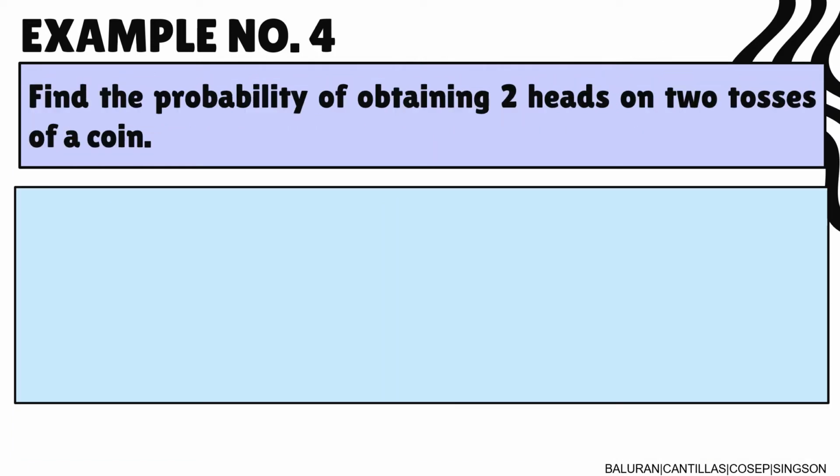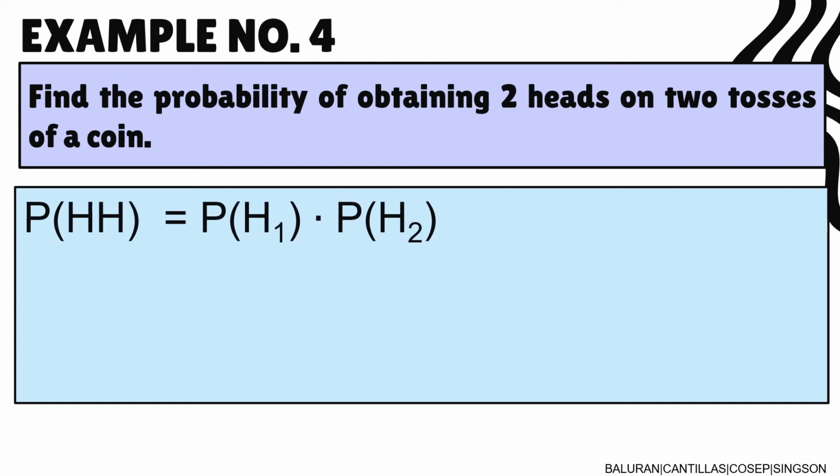Example number 4. Find the probability of obtaining 2 heads on 2 tosses of a coin. In this case, the probability of 2 heads is equal to the probability of getting a head times the probability of getting another head.